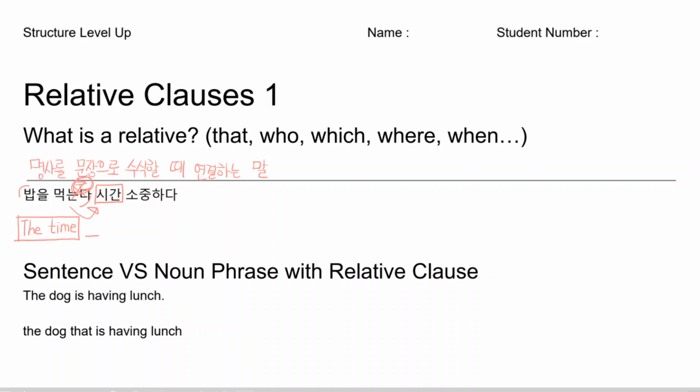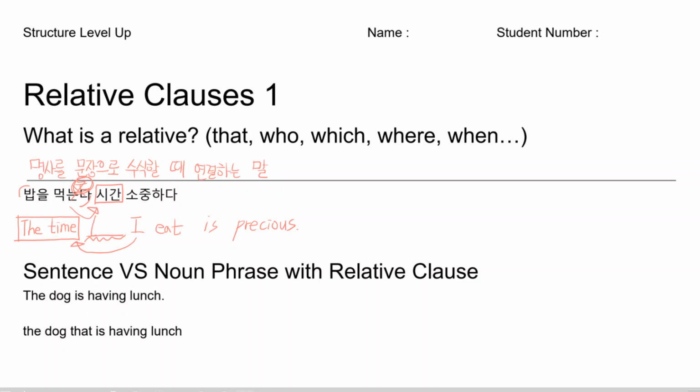Then we need something to connect the sentence that follows, I eat. 소중하다 is precious. So here we need something to connect the sentence to the noun.